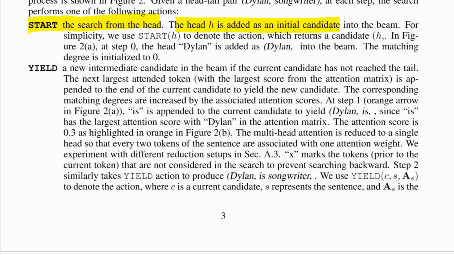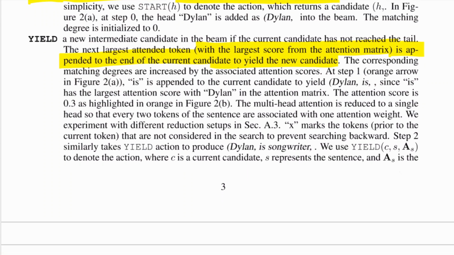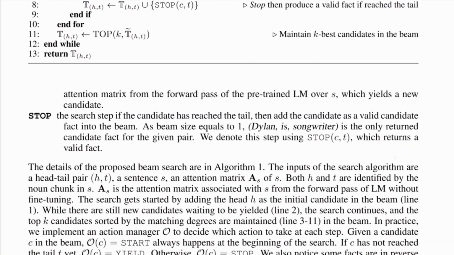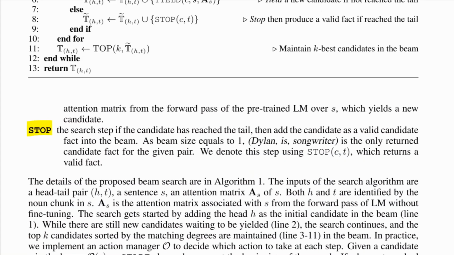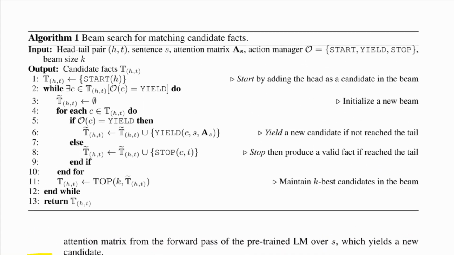Then in yield, it says the entry with the largest score from the attention matrix is appended to the end to yield the new candidate and so on. And then stop, we stop. And the algorithm description here basically just says while we're not done, if it's not the stop action, we continue. It doesn't tell you anything. This is a super unclear description of this algorithm.